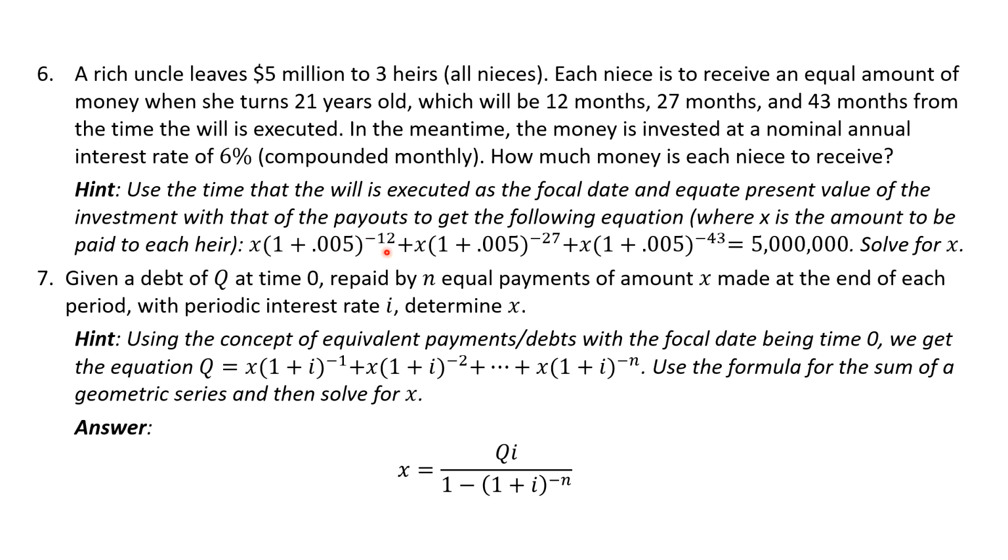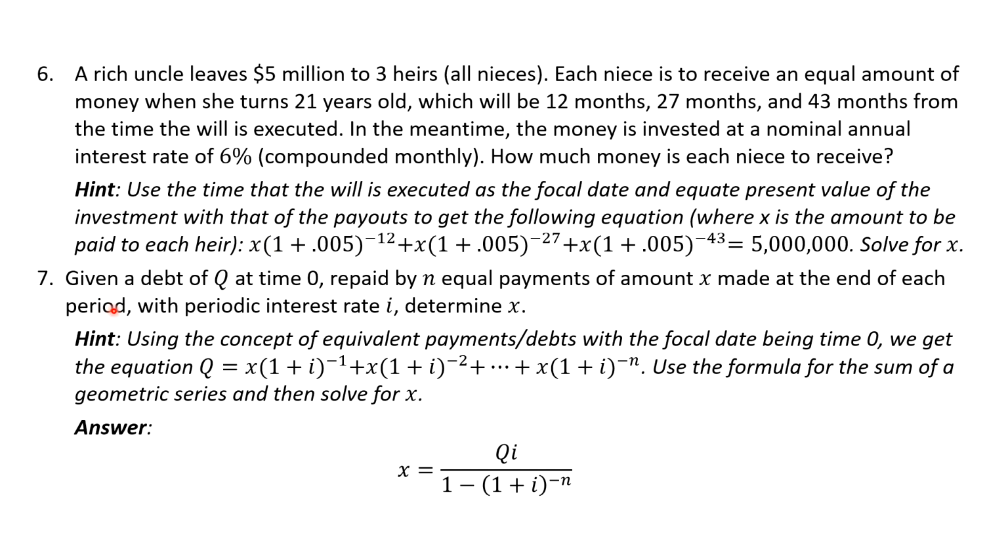And then these present values should equal the 5 million, since we've computed these all at the same focal date, basically the time the will is executed. Okay, so what you need to do is compute these numbers with a calculator, and then add them together and then divide into 5 million to find X.